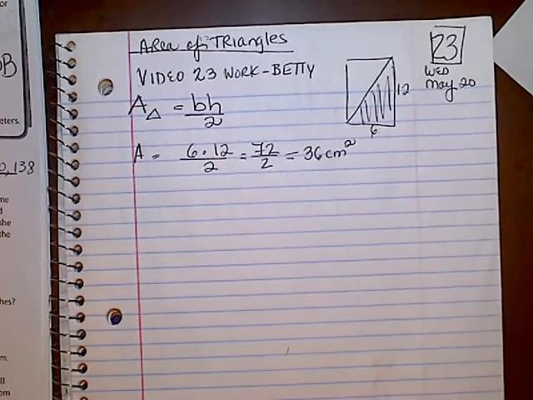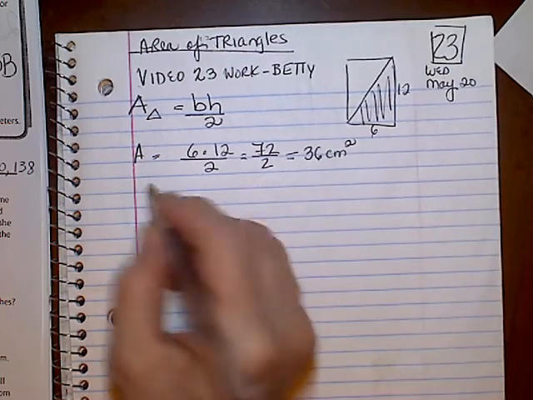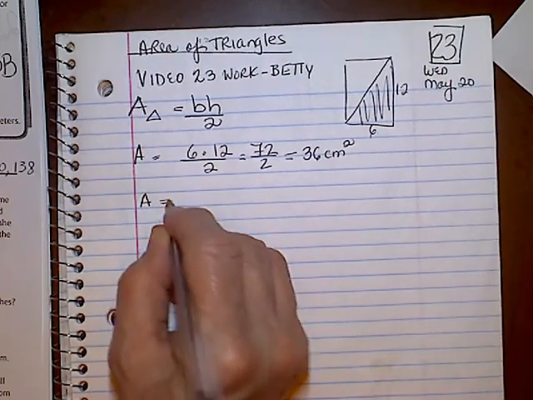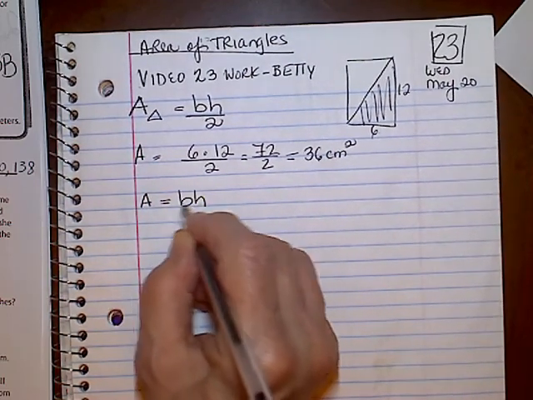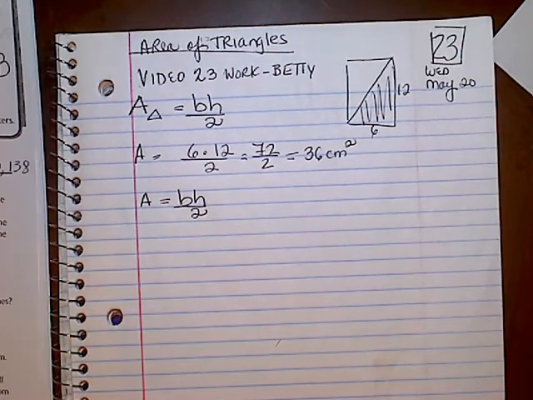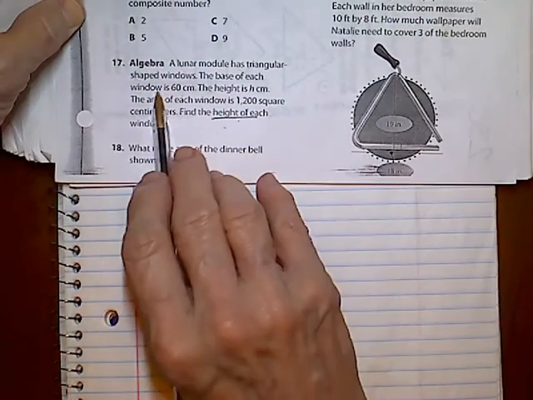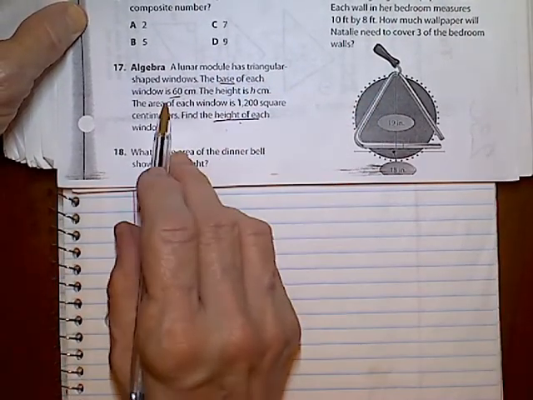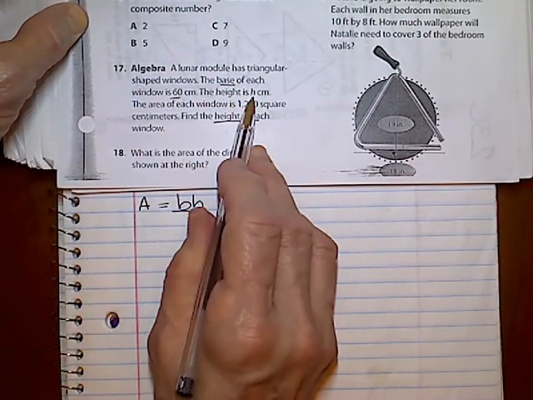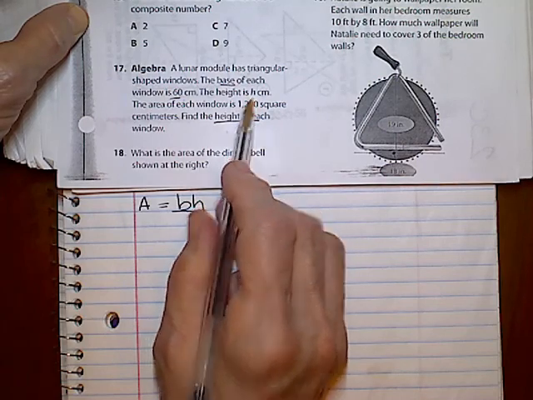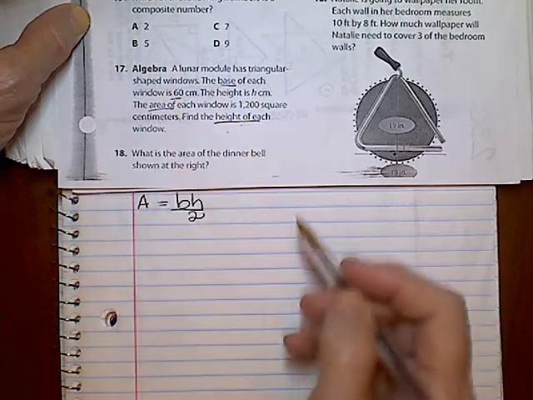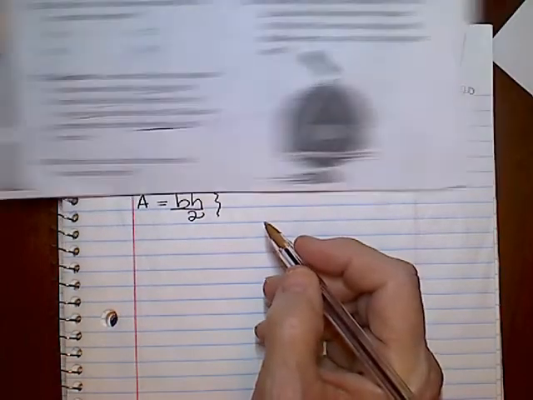So on these types of problems, when they give you the area, please put down your formula. Area equals base times height divided by 2. And they said that the base of the window is 60, so we have our base. The height is h. We don't have our height. And then they give us the area. So let's finish filling that out.